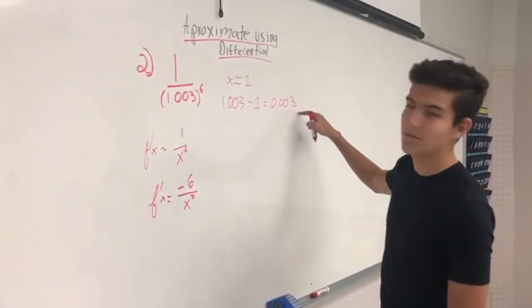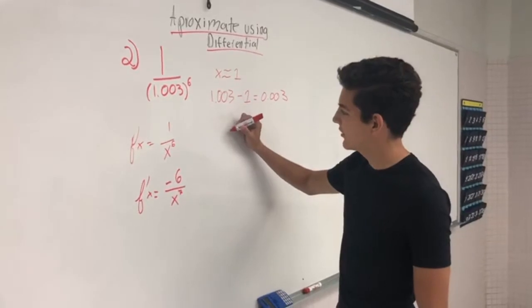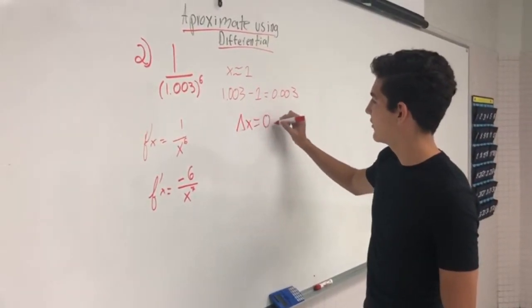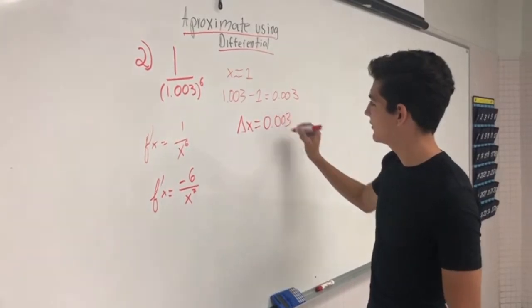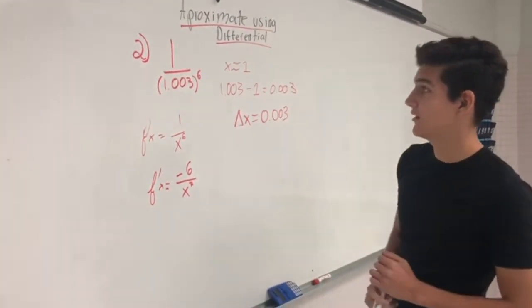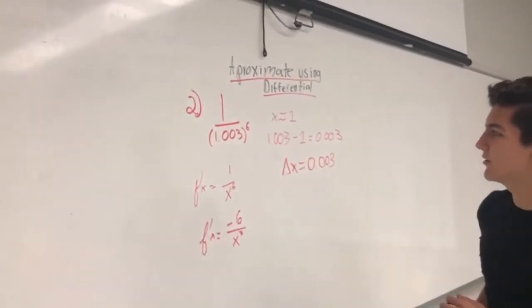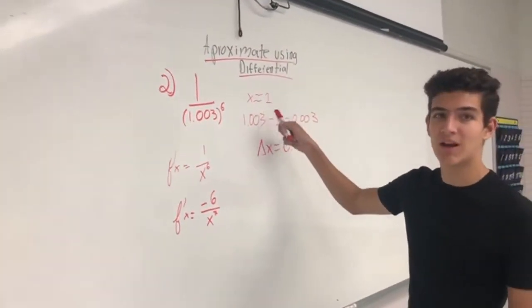So you already have the delta x that is 0.003, and then to get the answer you plug into the original equation but with the approximate x.